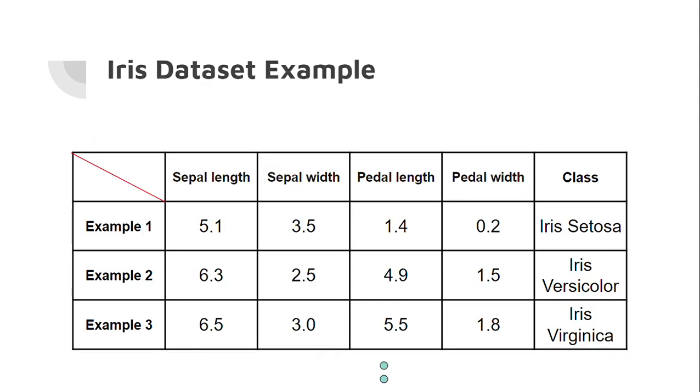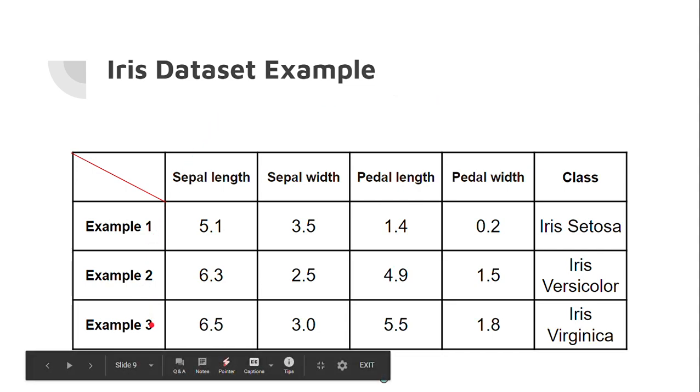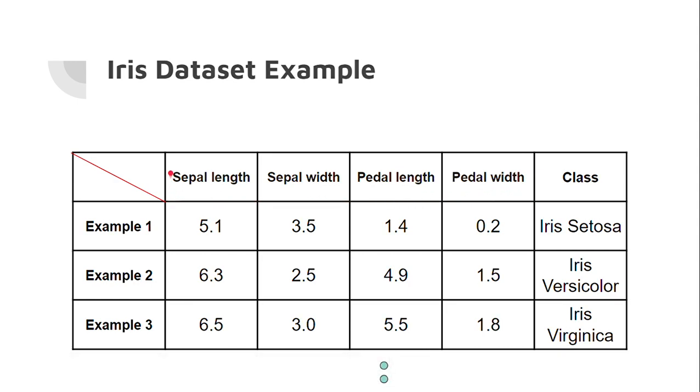So let's put some of these examples on a table. You see example 1, example 2, and example 3. All these are representing flowers 1, 2, and 3. And over here, instead of variables 1, 2, 3, I have exact attributes of a flower. So you see the sepal length, the sepal width, the petal length, and the petal width.